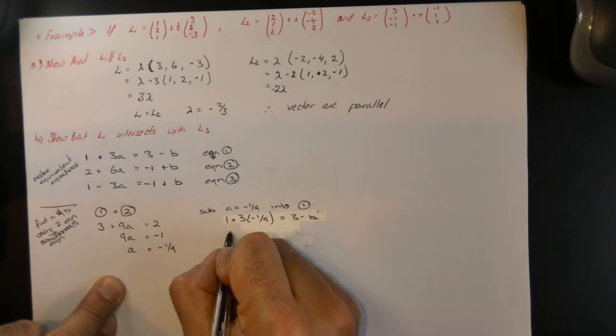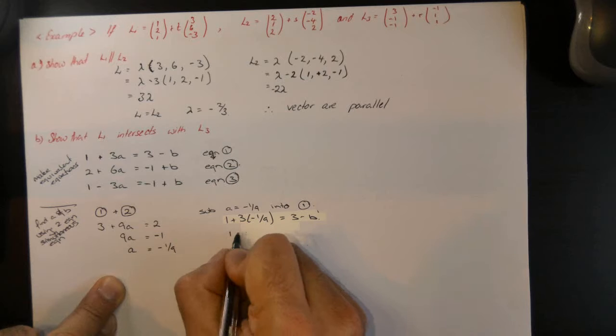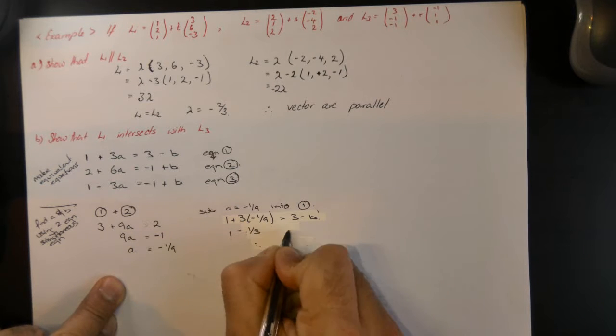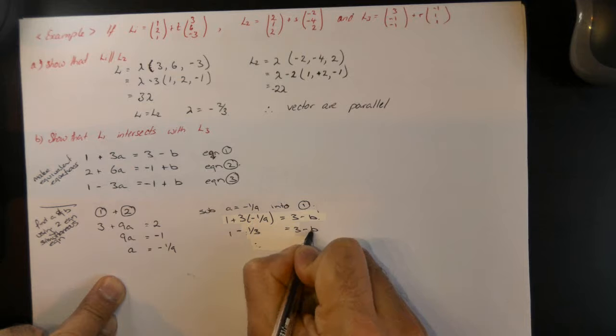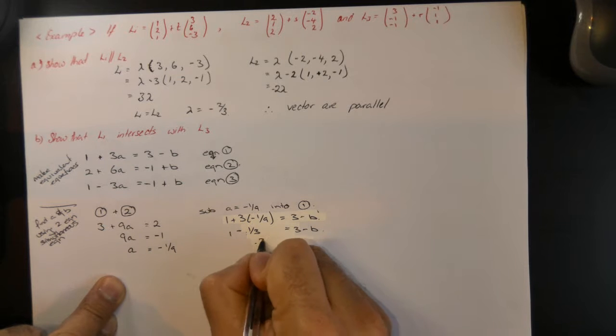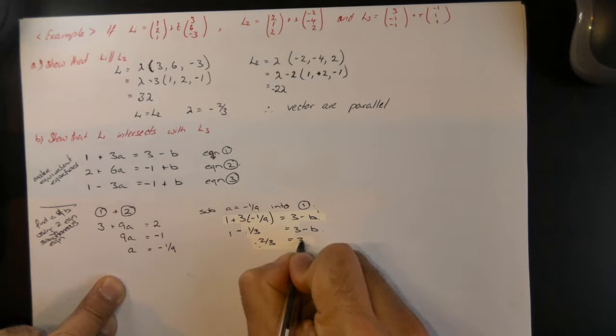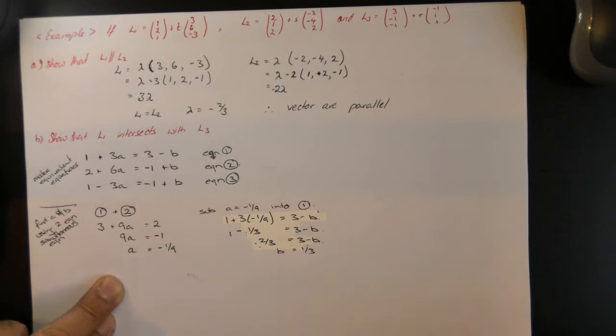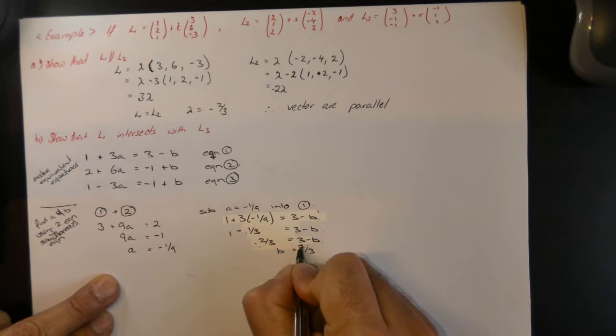So 1 minus a third, so that's 2/3. 3 minus 2/3 is 7/3.